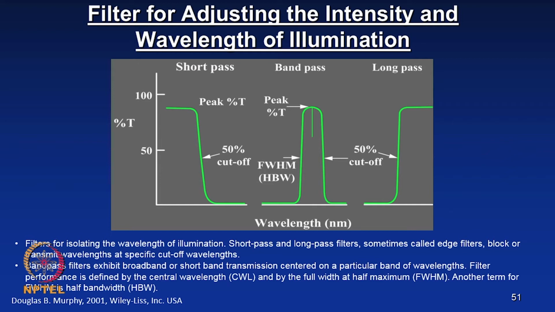Look at this plot. This is a percentage transmission versus wavelength plot. You have a short pass, a band pass, and a long pass. The name itself tells that these are filters for isolating the wavelength of illumination. Short pass and long pass filters, sometimes called edge filters, block or transmit wavelengths at specific cutoff wavelengths.